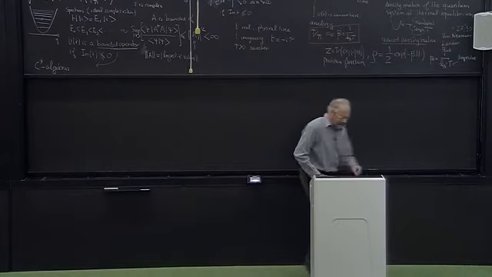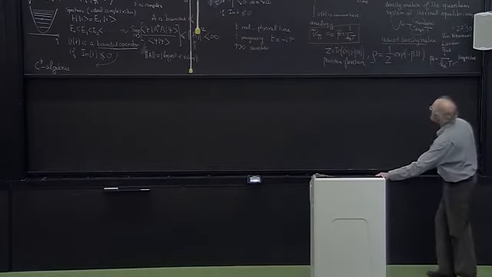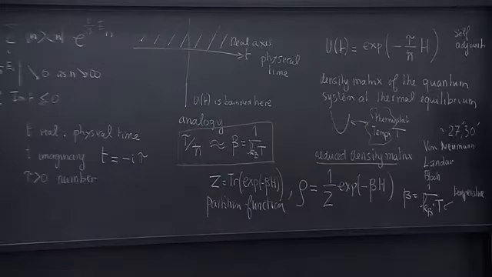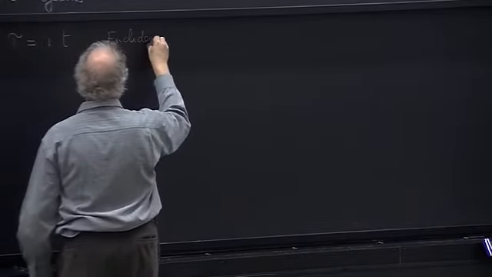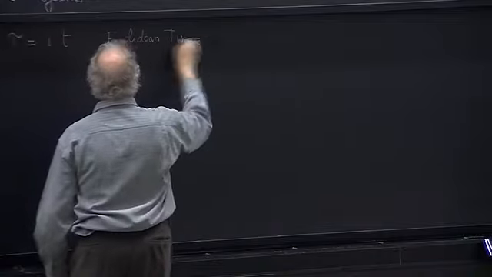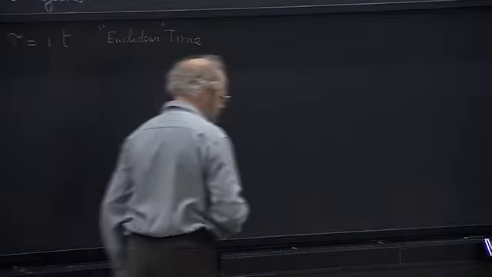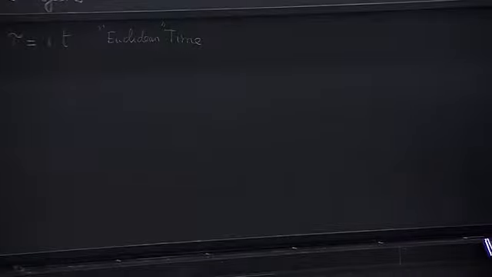So with this analogy in mind, tau, which is, so I wrote t equal minus i tau, so tau is i times real time, is often called Euclidean time. And that's a very useful analogy. Why is it called Euclidean?